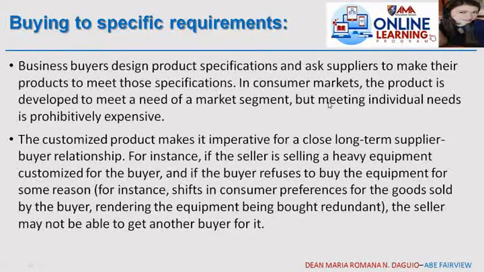Sabi natin kanina, meeting individual needs, halimbawa dun sa equipment, kinostomize mo na seller para mag-fit dun sa gusto ni buyer, and then suddenly nagkaroon ng change of mind. How are you going to sell that to other consumers kung nagkaroon na ng modification? Kaya sabi nga natin kanina, bago gawin yung product, kailangan may contract para protected ang both parties, si seller tsaka si buyer.